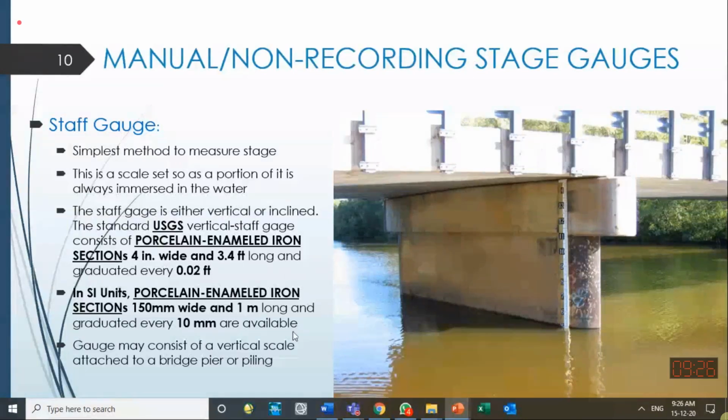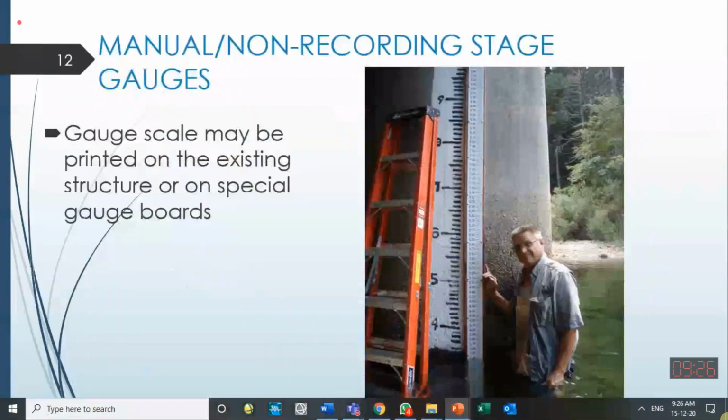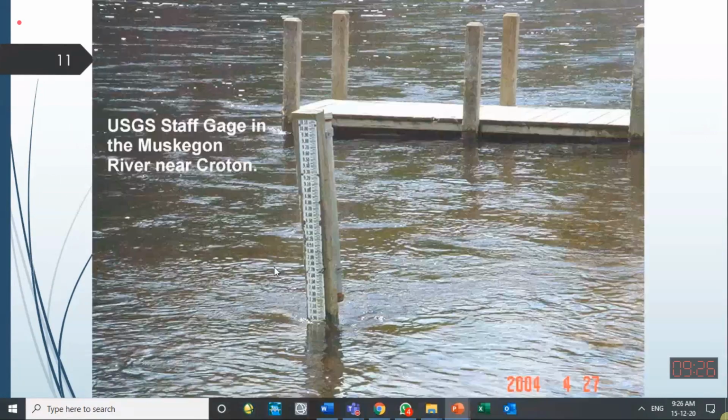Sometimes these gauges are just marked on the surface. For example, over here they are just marked on the pillar itself. This is the staff gauge he is holding, but behind that, a simple marking on the pillar is there. That also works in a good way.